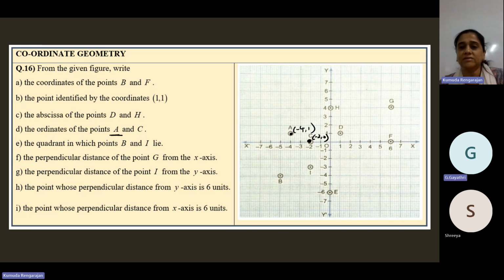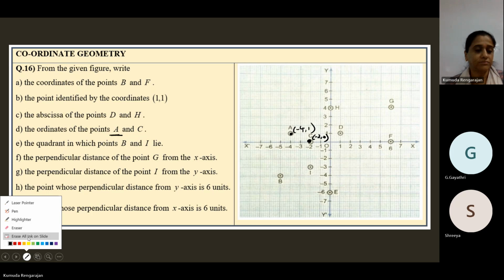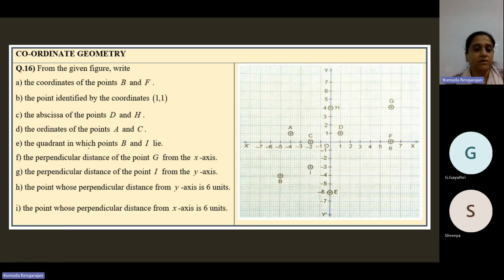So the ordinate is 0. Ordinate is a Y coordinate, it's 0. Okay. The quadrant in which points B and I lie. Third quadrant. Very good.